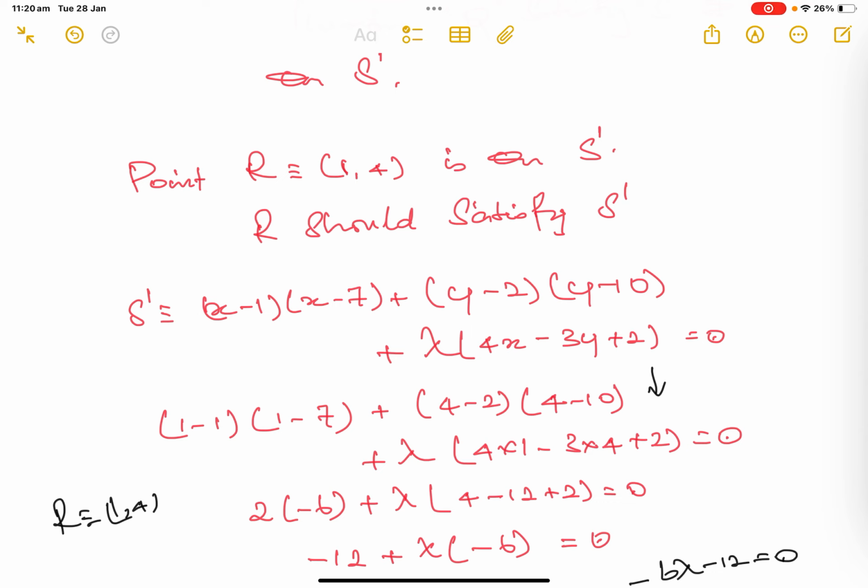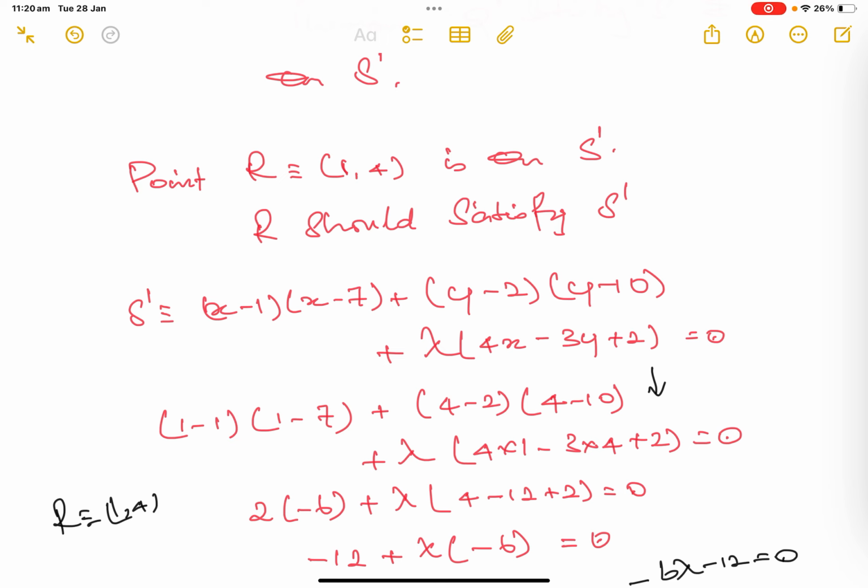Then we need to find lambda. The additional information we have is that the new circle, S dash, is going through (1, 4), the point R. So R should satisfy S dash.